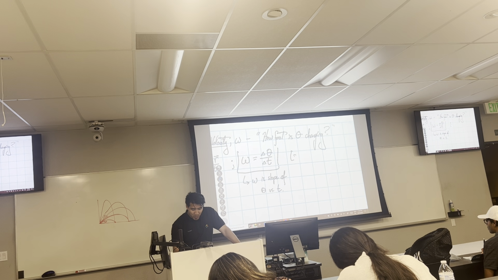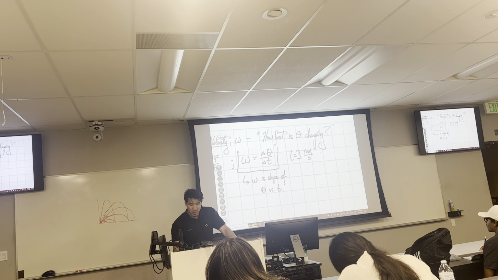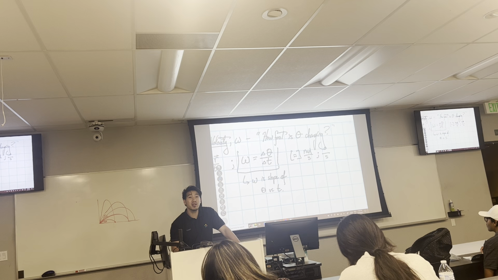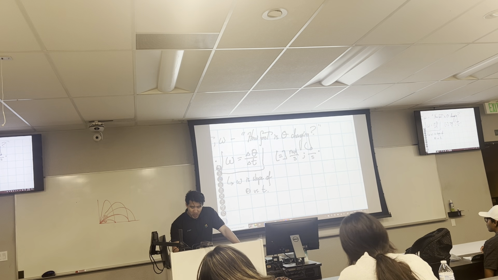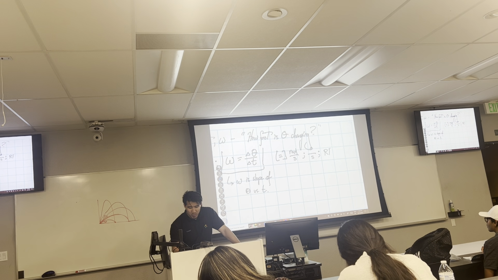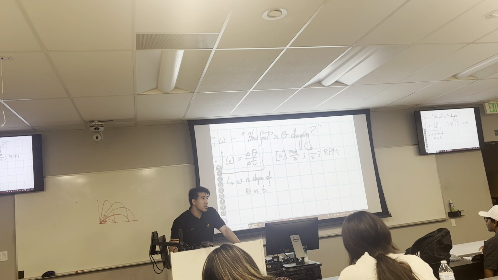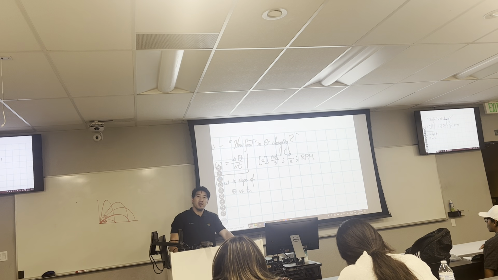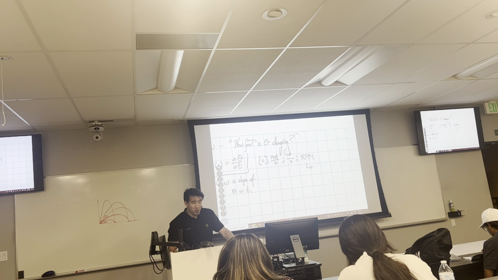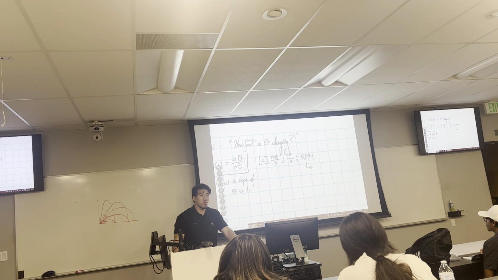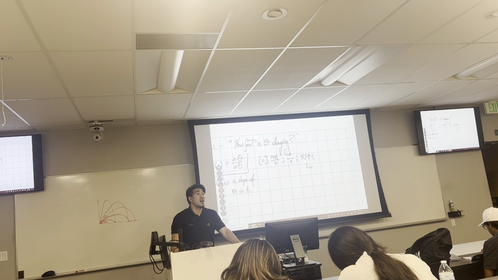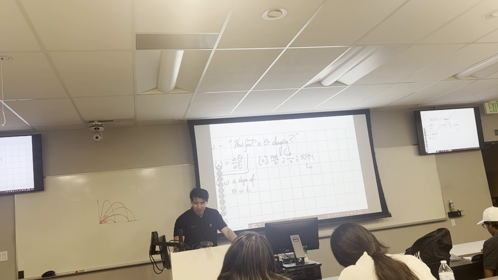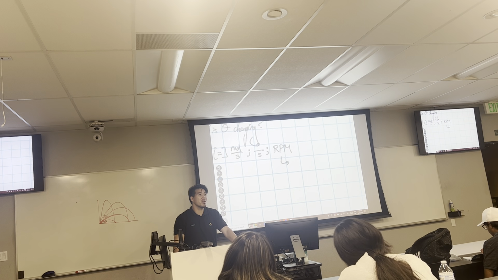Now, omega has units of radians per second, or another one you might see is degrees per second, or the more common one would be RPM. Let's make sure we all understand what RPM is. What is it? Okay, rotations or revolutions per minute?